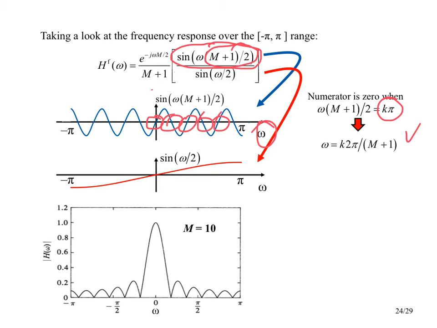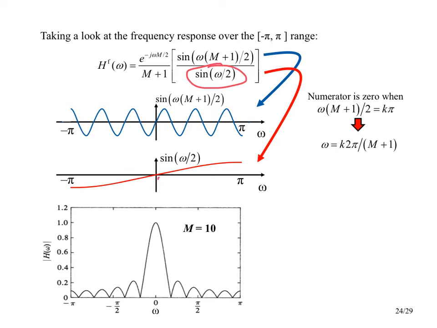What's going on down in the denominator is this function, and because that's just omega over 2, it oscillates much slower. In fact, it just does 1/2 cycle from the range minus pi to pi. Now you remember the sinc function itself was sine x over x.